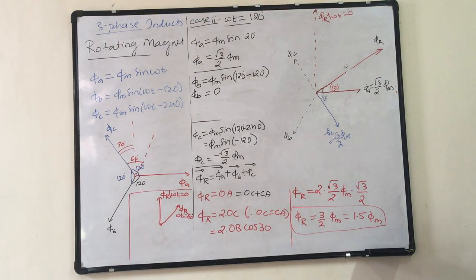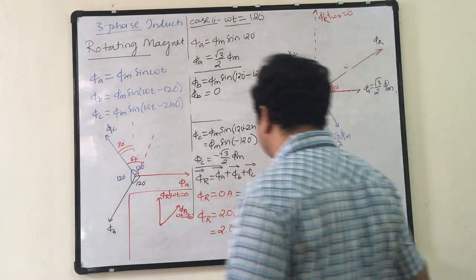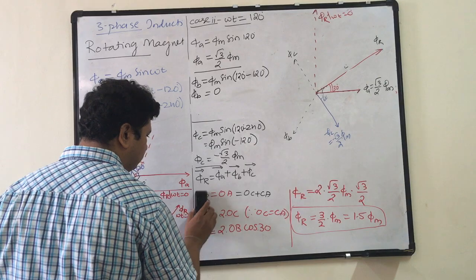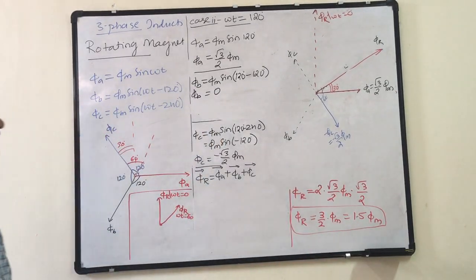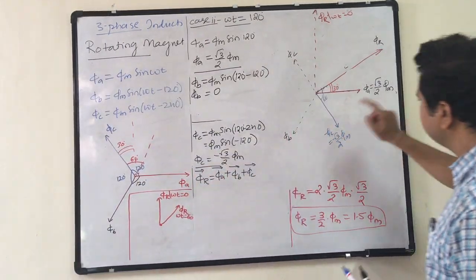Now, what is the resultant again? Phi a plus phi b plus phi c. I have three vectors: phi a is here, phi b is 0, phi c is here.